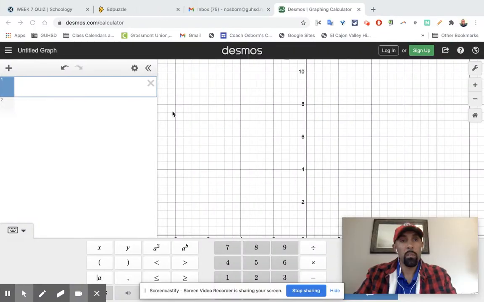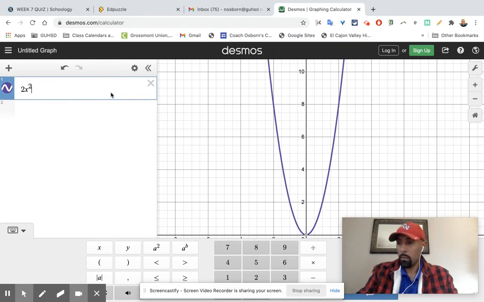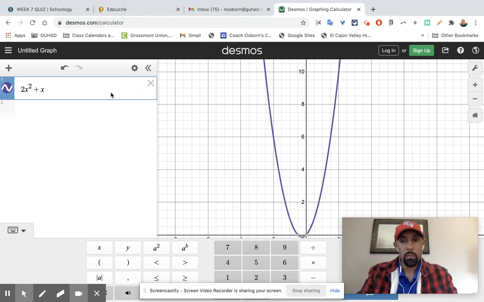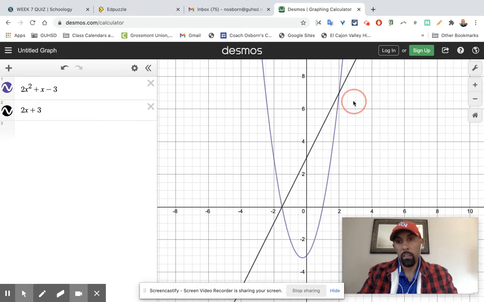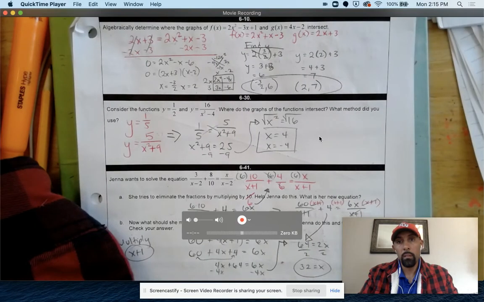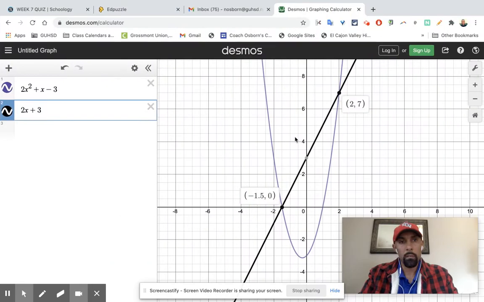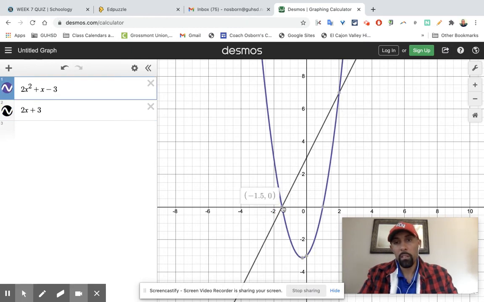If I show this to you on a graph, I get 2x squared plus x minus 3, and then the other graph was 2x plus 3. You can see that one of the solutions is 2, 7. And then the other solution right here is... I realized I made a mistake, and I see what it is.